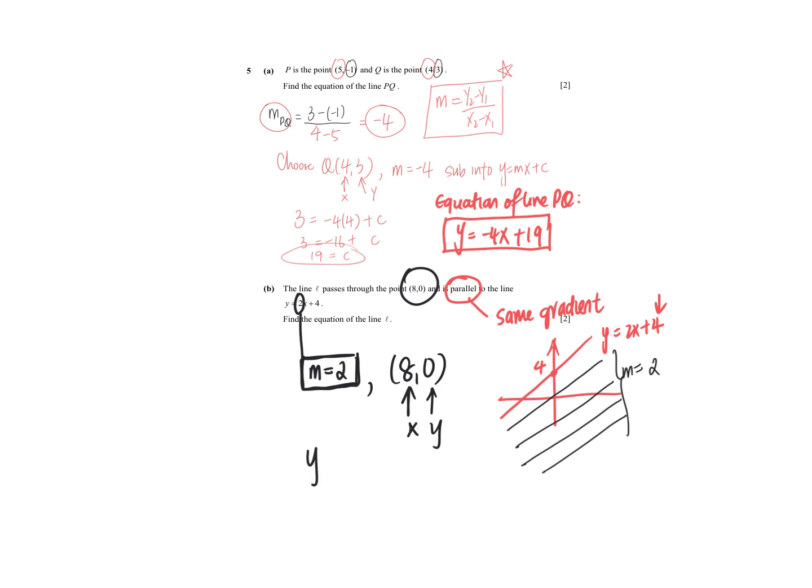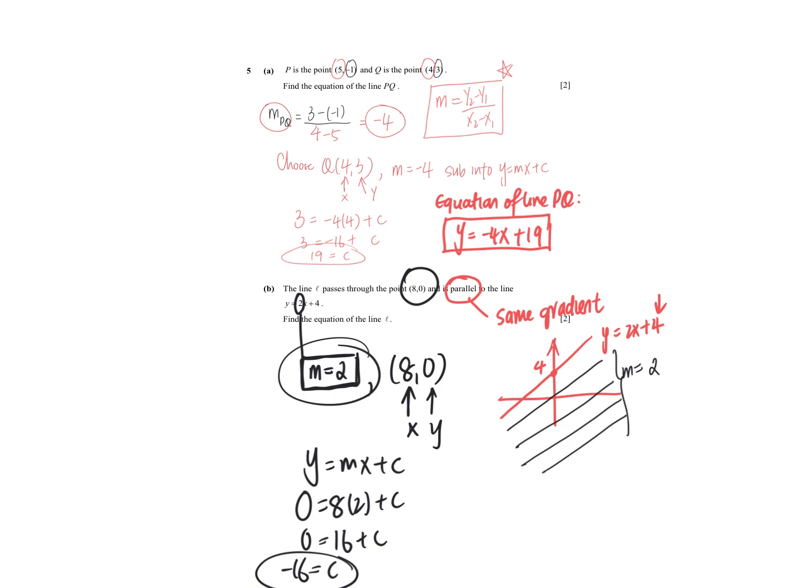So y equals mx plus c. Plug in everything you know. So c is negative 16. When you know the y-intercept and gradient, you can find your equation.